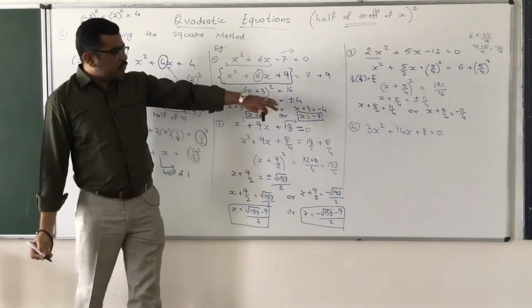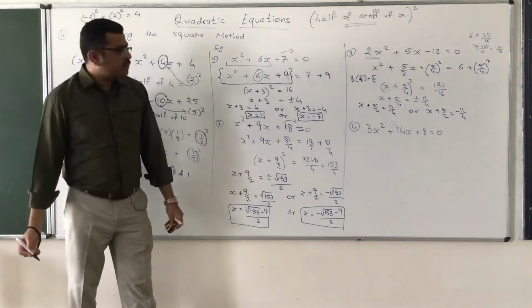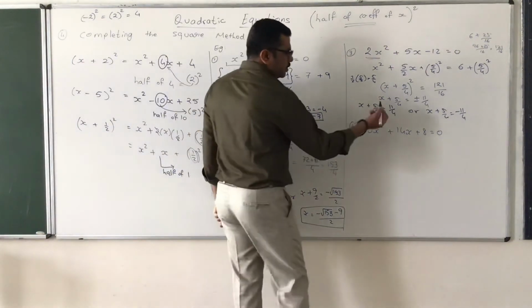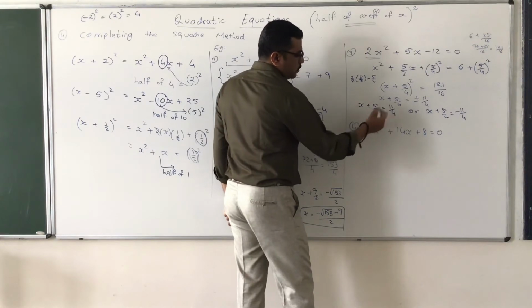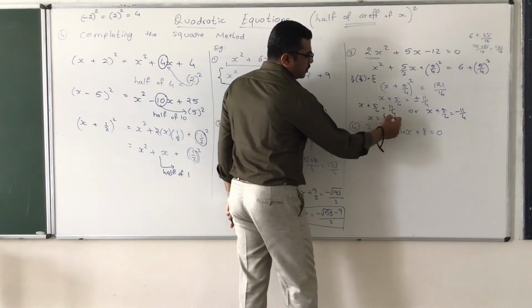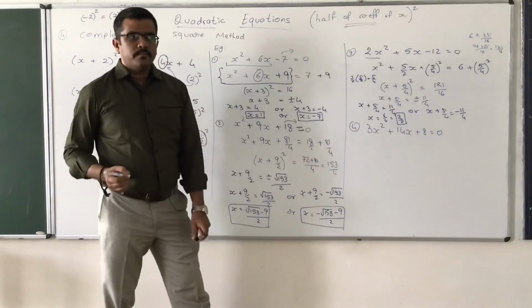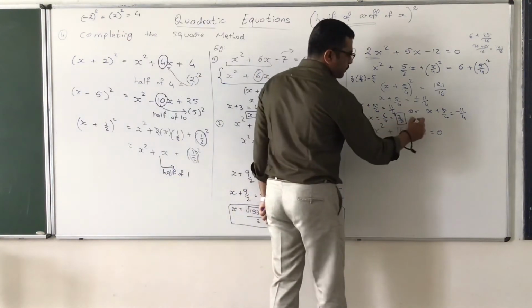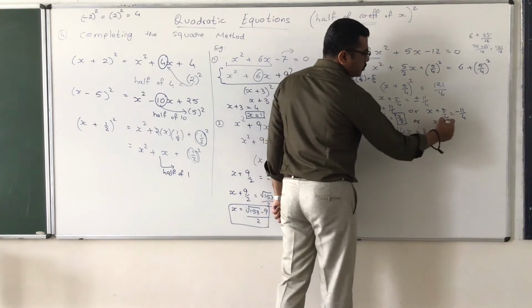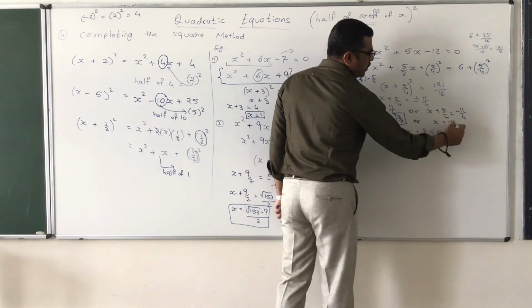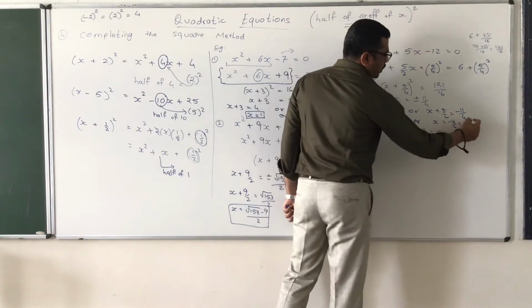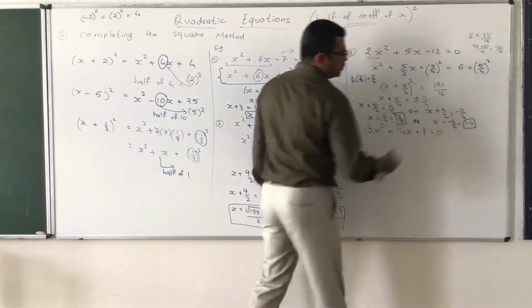Now if you transpose the 5 by 4, or subtract 5 by 4 from both sides, we have x equals 6 by 4, that is 3 by 2, as one solution, or x equals negative 16 by 4, that is negative 4, as the other solution.